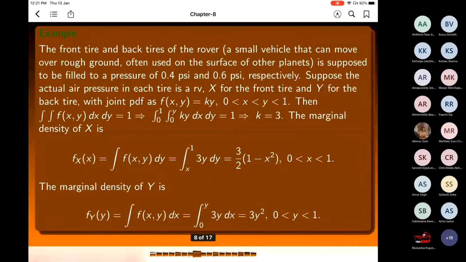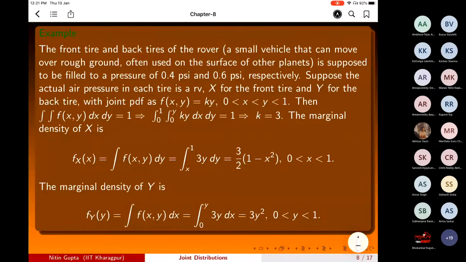Now let us take this example. The front tire and back tire of the rover. A rover is a small vehicle that can move over rough ground, often used on the surface of other planets. The front and back tires of the rover are supposed to be filled to pressures of 0.4 psi and 0.6 psi.